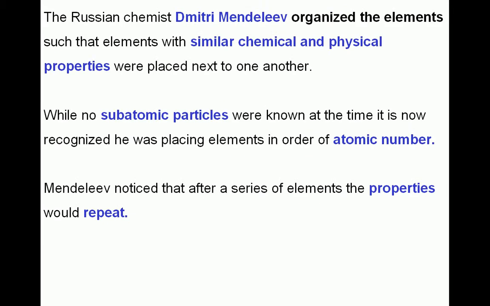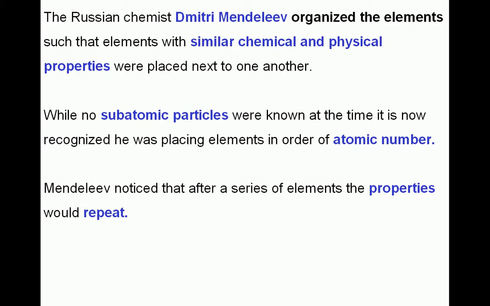So perhaps the most successful at doing this was Dmitri Mendeleev, and he organized the elements such that those with similar chemical properties were placed next to one another. So in a fairly simple sort of process, he wrote what he knew about each element on a piece of card, and then he shuffled those cards so that the elements with the most similar properties were adjacent to each other.